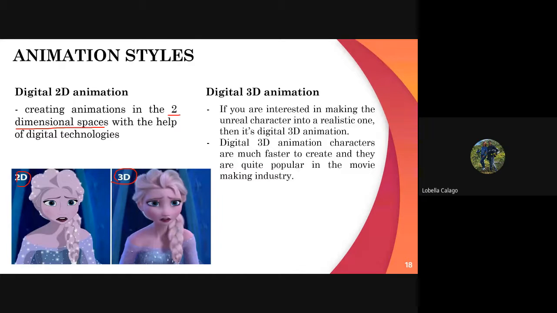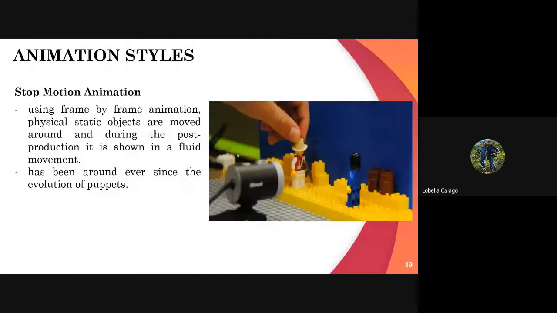That is why mas realistic na po si 3D. We have also stop-motion animation. Ito yung ginagawa sa mga Lego movie. So ito yung ginagawa nila, stop-motion animation, wherein they use frame-by-frame animation using physical static objects.